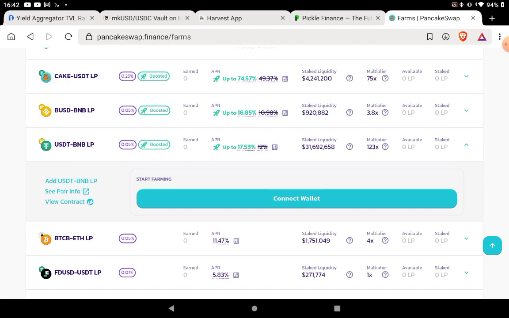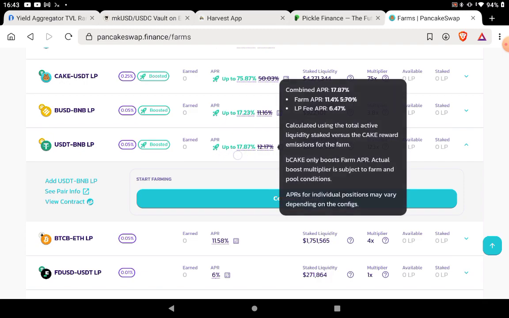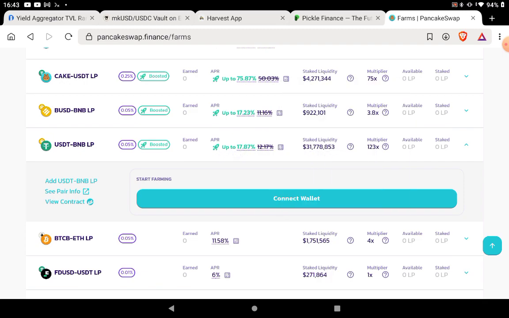So you can easily add transactions up manually and have half a dozen transactions a day or a week. Some people just compound every day. That's why I'm saying daily. And especially if you're going into a pool with low APR, a stable pool but with lower APR, and I say stable because usually they have low APR because the staked liquidity is much higher, so there's more stability to it.